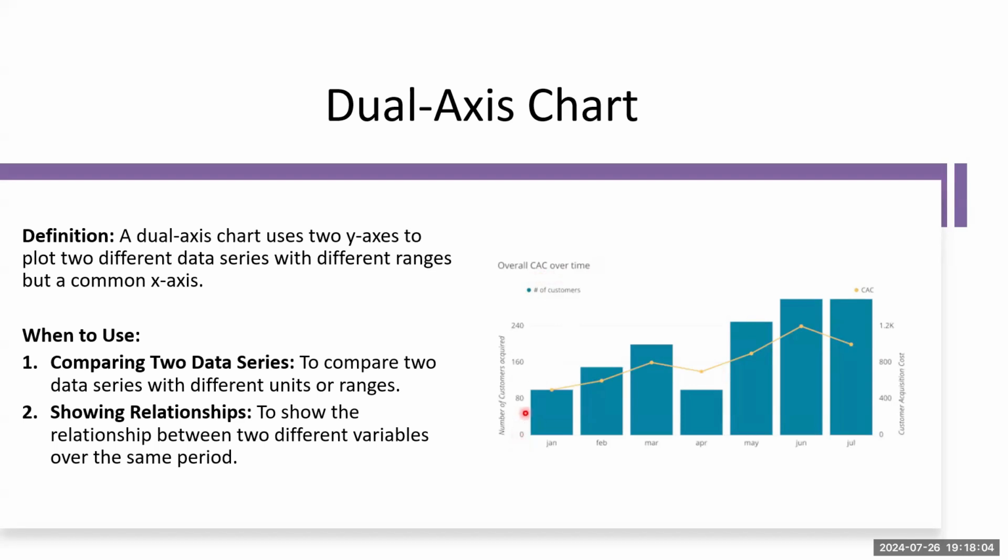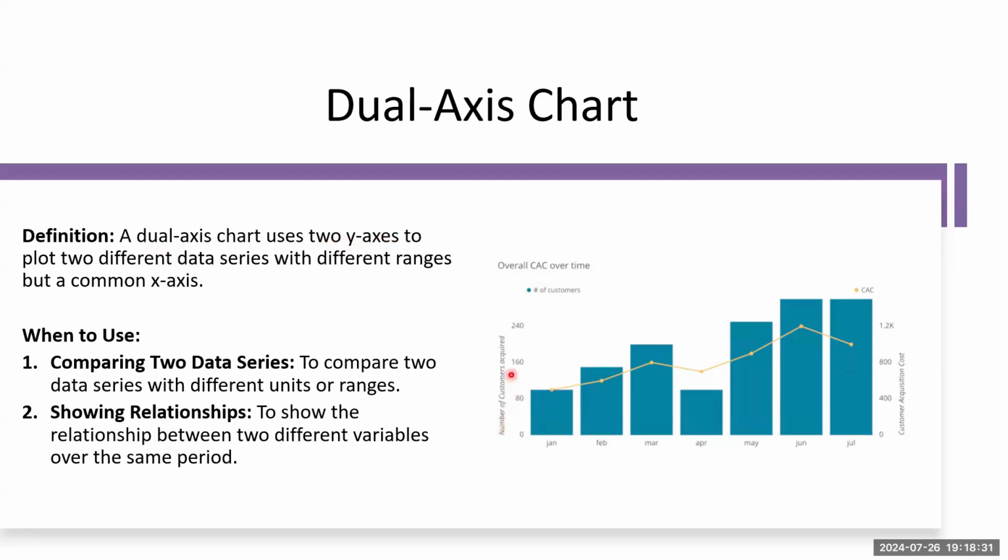And on the y-axis, we're looking at the number of customers acquired, okay. We're also looking at customer acquisition cost. So we have a dual axis chart using two y-axes.